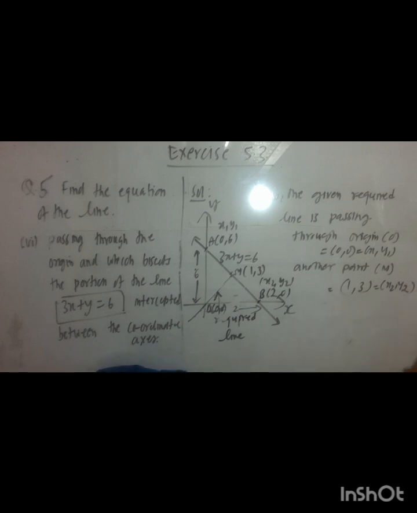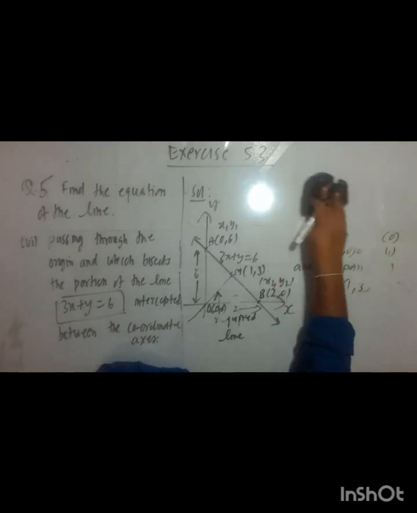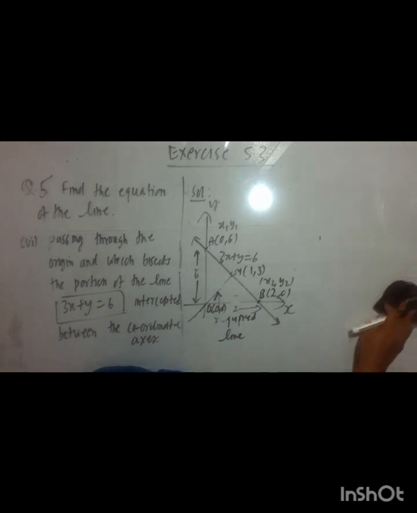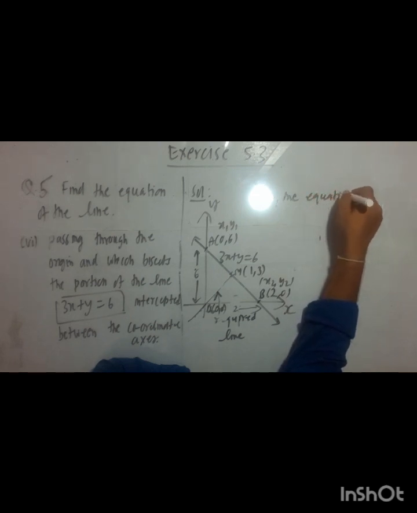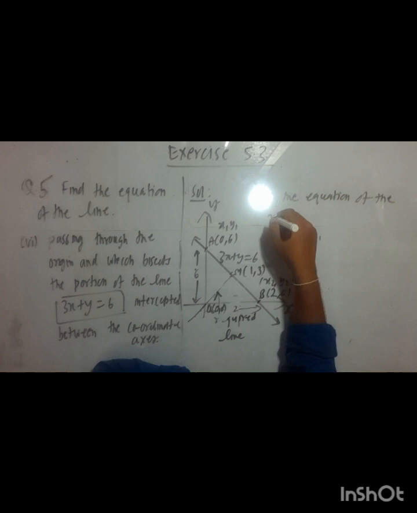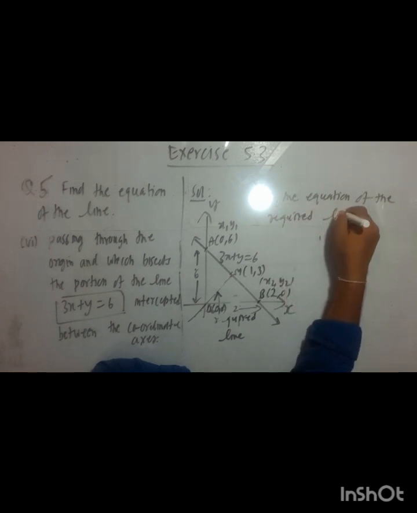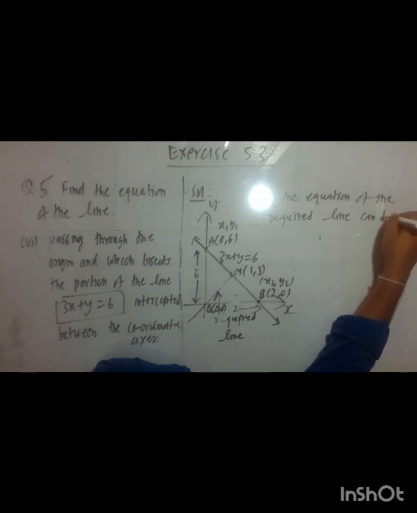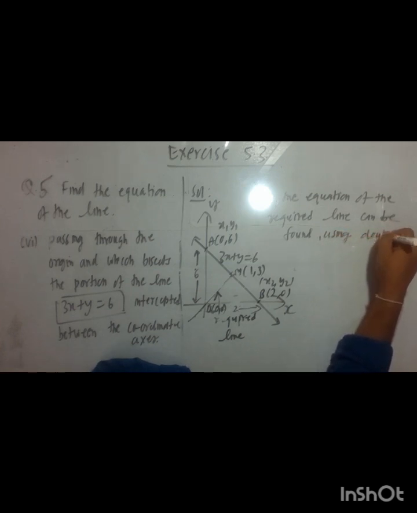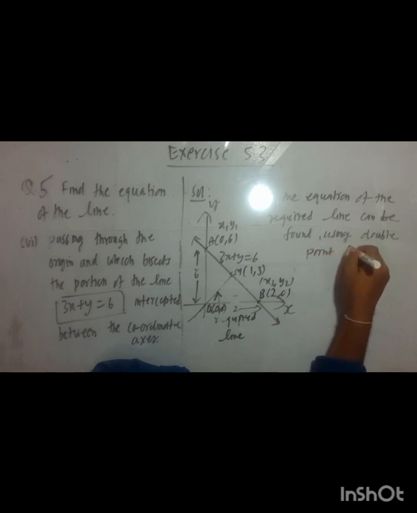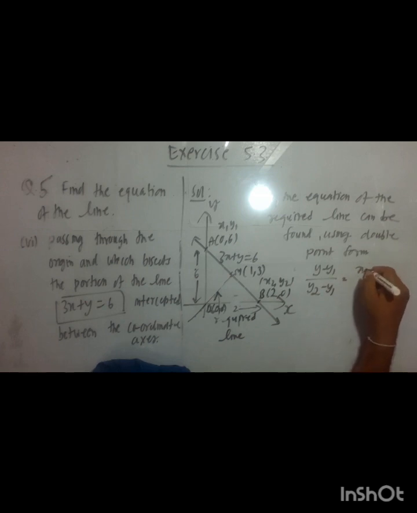So better I will write over here. The equation of the required line can be found using double point form, that is y minus y1 upon y2 minus y1 is equal to x minus x1 upon x2 minus x1.